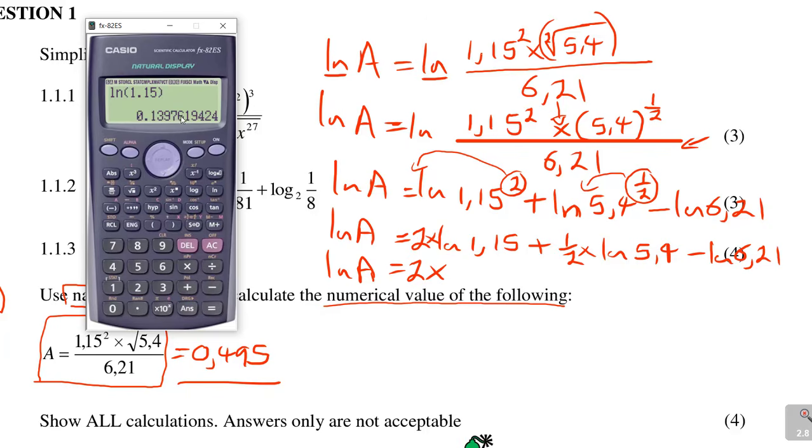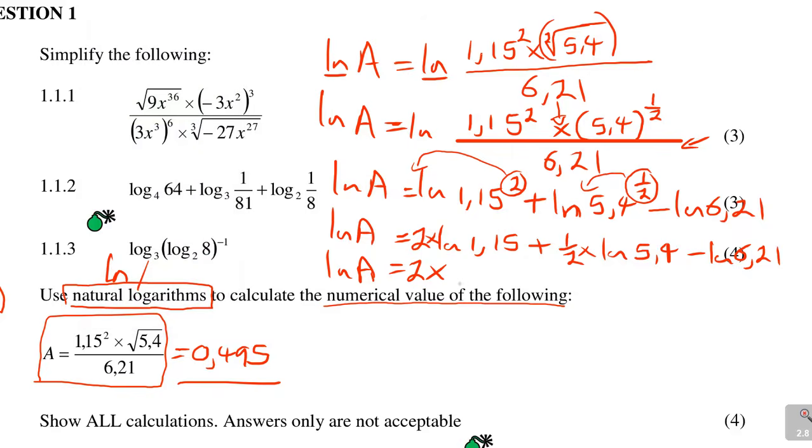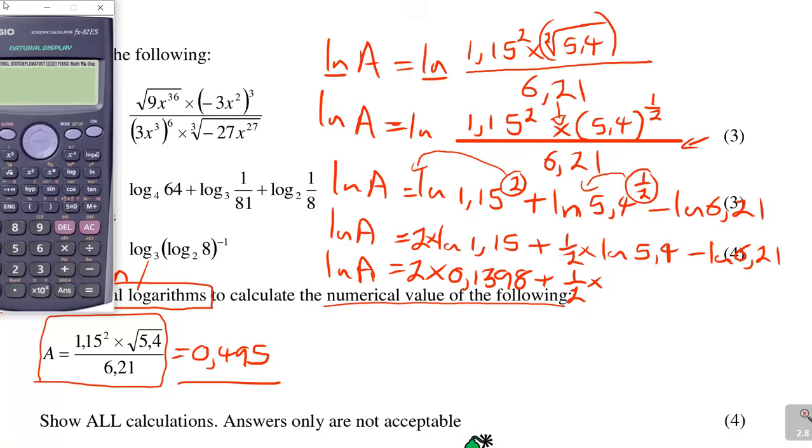If I leave it to 4 decimal places, it's 0,1398. Remember, shift 6 and 4 decimal places is 0,1398. So 0,1398, and then plus 1 over 2 times, again I say ln 5,4.